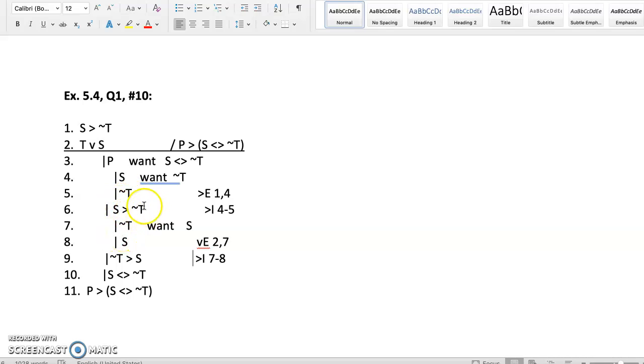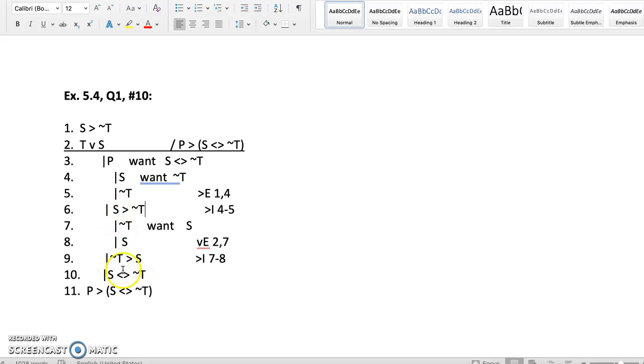Okay. So we did those two subderivations to get these two conditionals that will go together to make this biconditional. So a biconditional is equivalent to two conditionals, one with the antecedent and consequent, and then the other one with the order flipped around, consequent and antecedent.